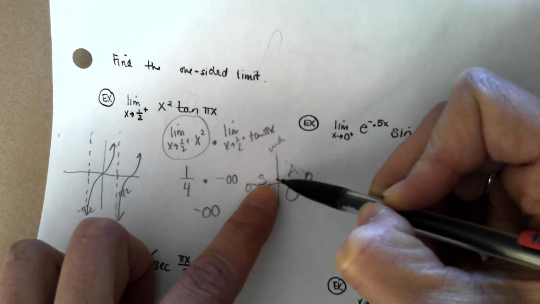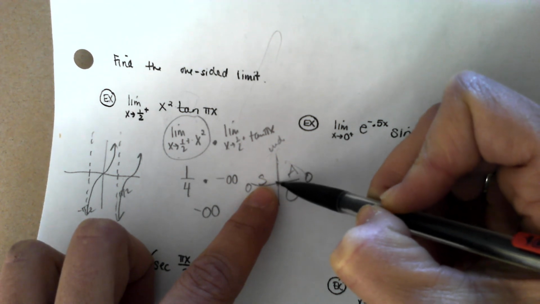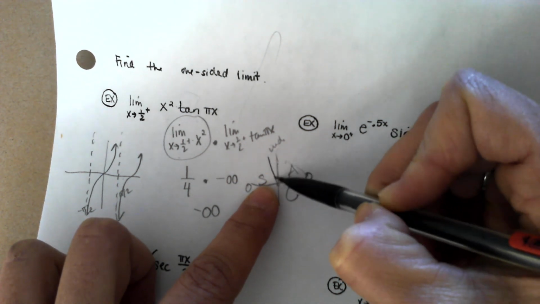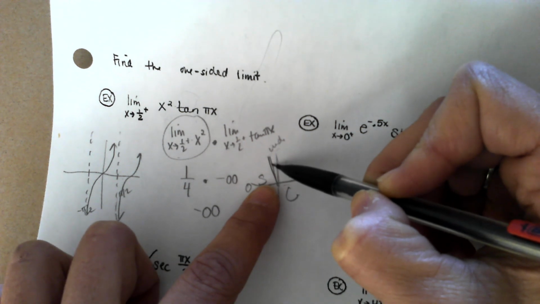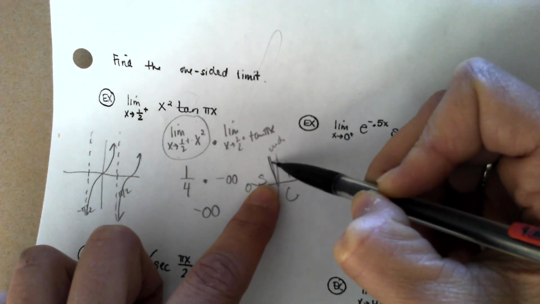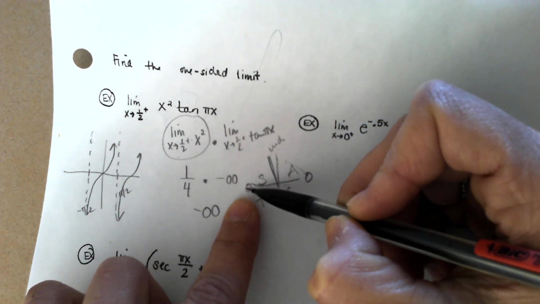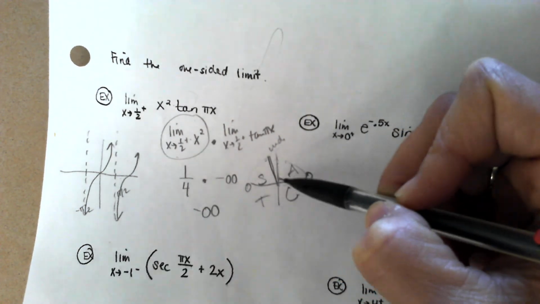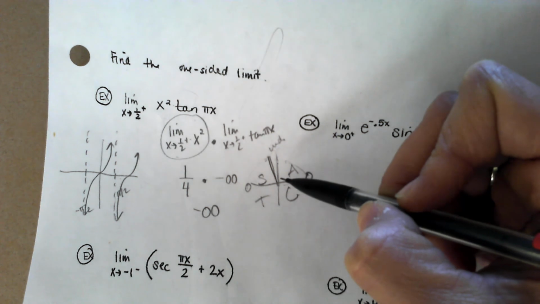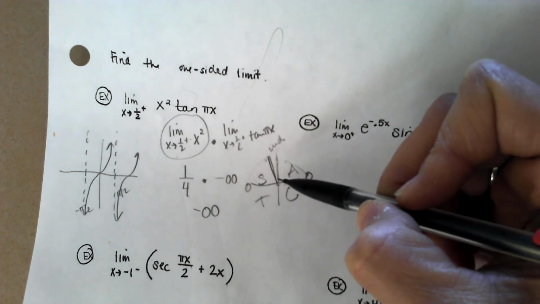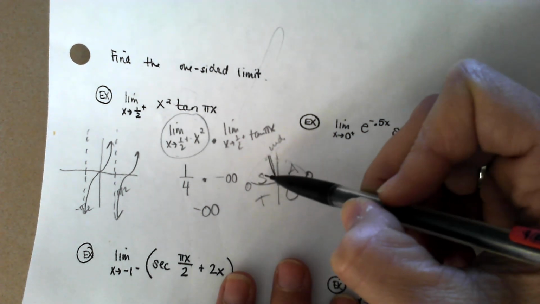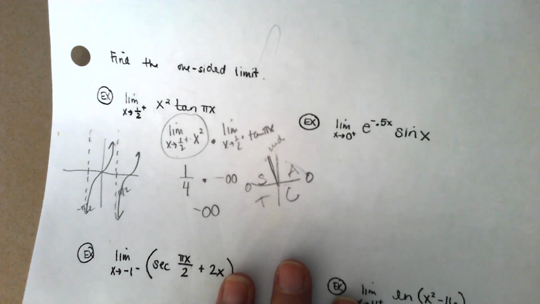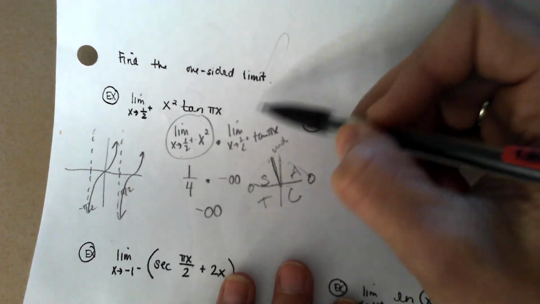But if you plug in something slightly to the right of 1/2, it's going to put you right here in your unit circle, just past that undefined. So it's a very big number, because these are increasing from 0 up to big numbers the closer you get to the y-axis. And it's going to be a very big negative number, because you're in a quadrant where tangent is negative.